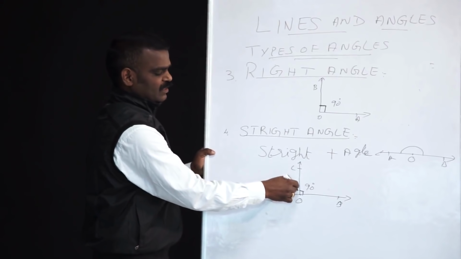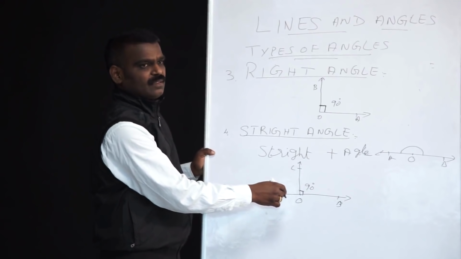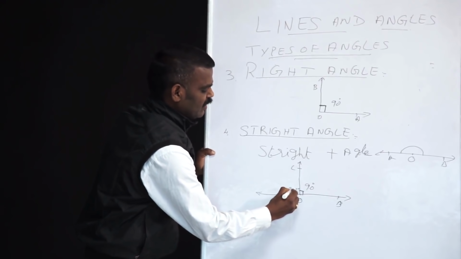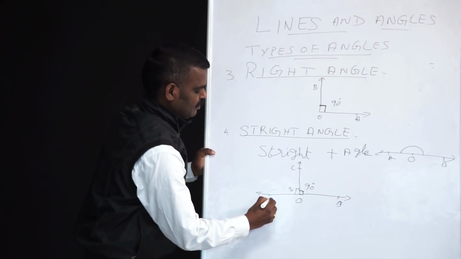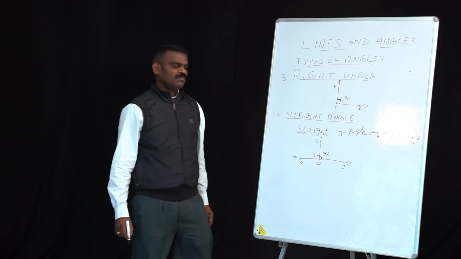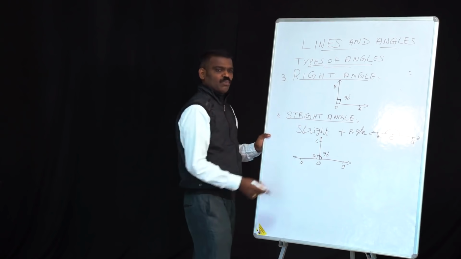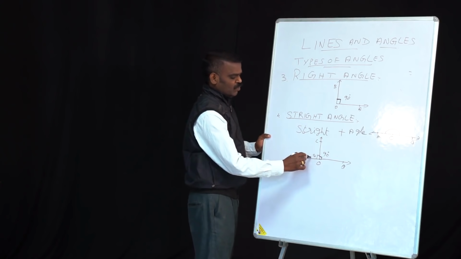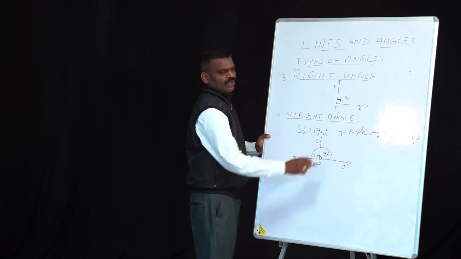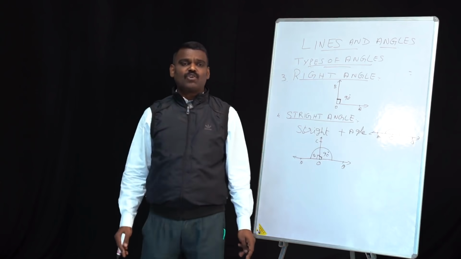What about the other side? This also looks like a right angle. How many degree? 90 degree. Now, here also one more angle is here, angle AOB, am I right? Angle AOB has how many 90 degrees?